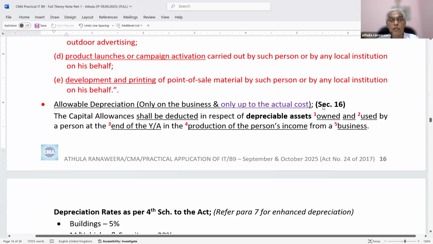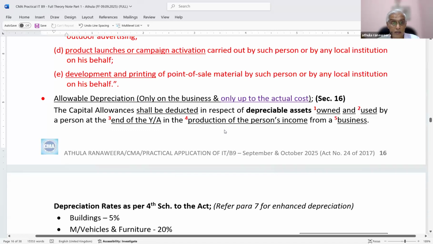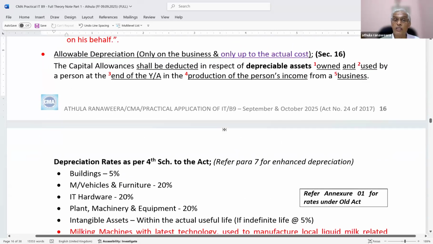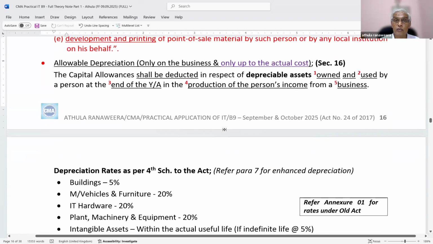Then section 16 we covered. That is the taxable, allowable depreciation. We call it capital allowances. For capital allowances, there are 5 conditions to be fulfilled to get the entitlement. You should be the owner. You should use it. At the end of the year, you should have the asset.